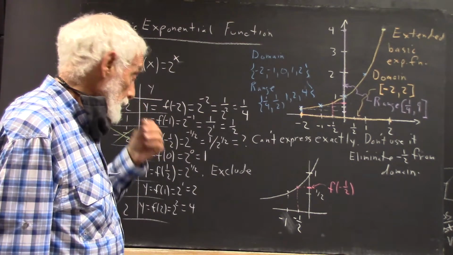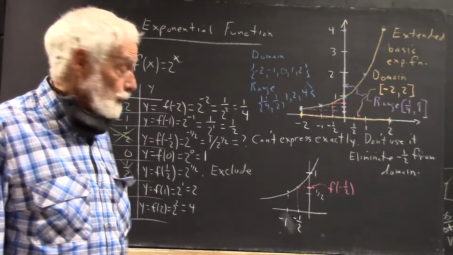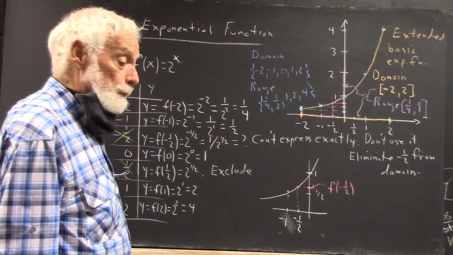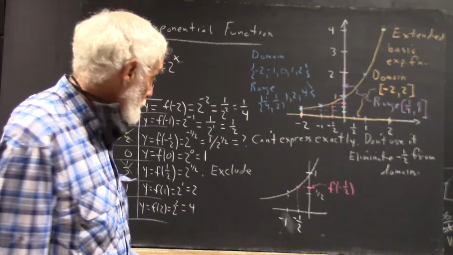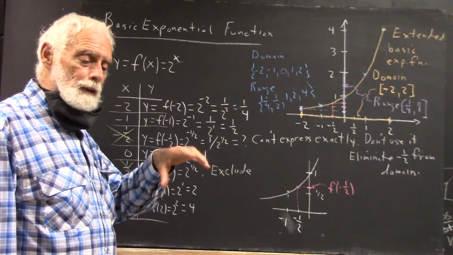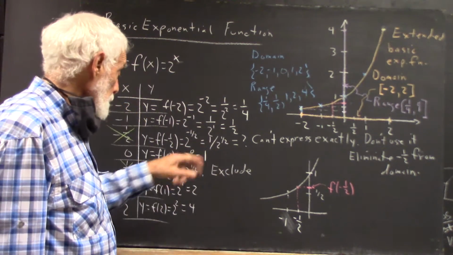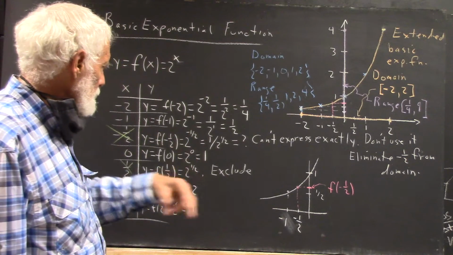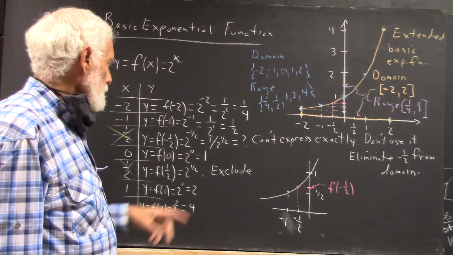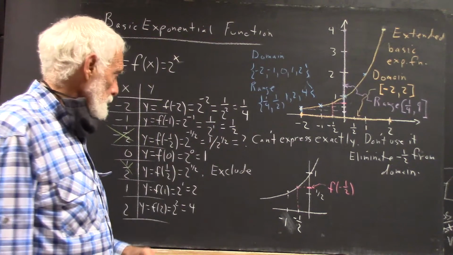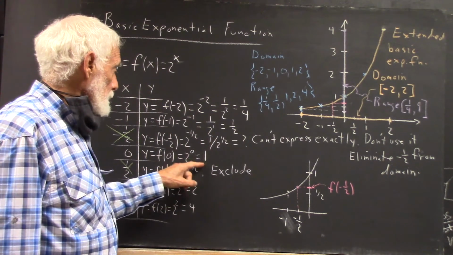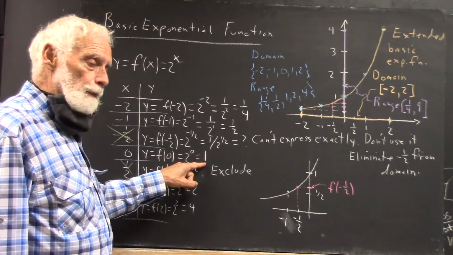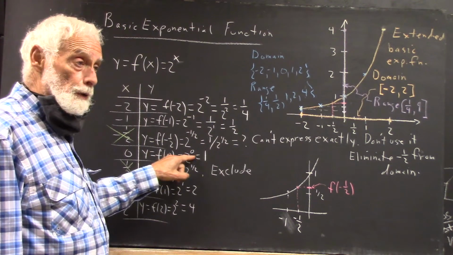For the reason, you can look at my notes for the MDE 60 class, the pre-calculus of the intermediate algebra class, where I explain why that is. At least I give some good reasons. There's a little circularity in the explanation, but nobody's really going to notice that. Anyhow, f of 0 is 2 to the 0, and any number to the 0 power has to be 1.